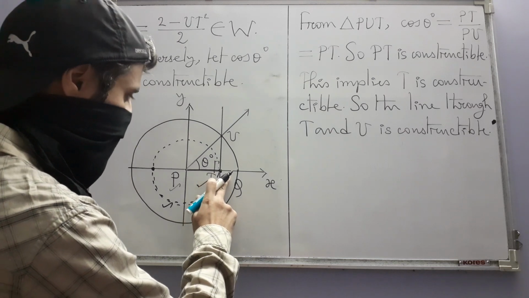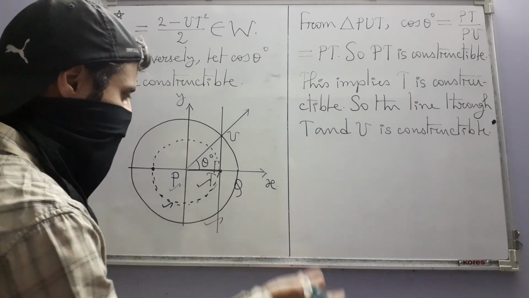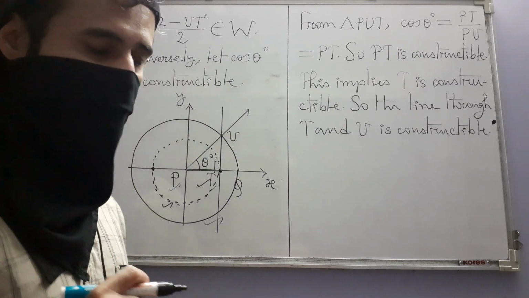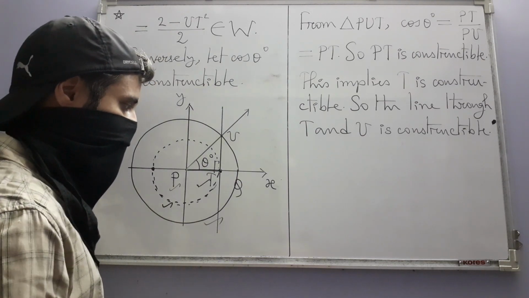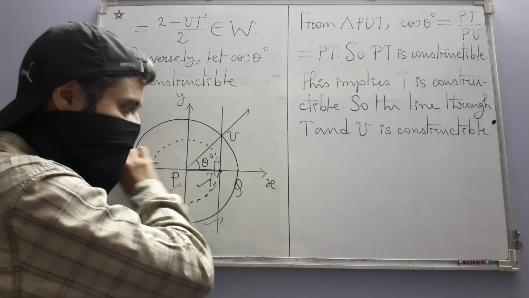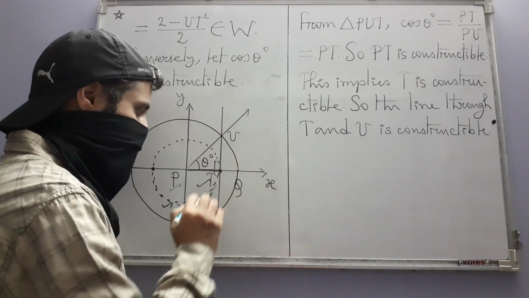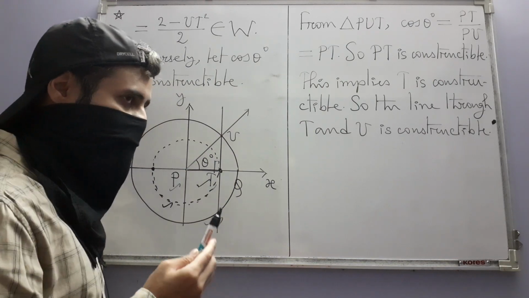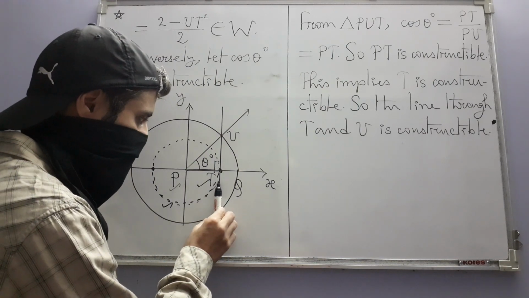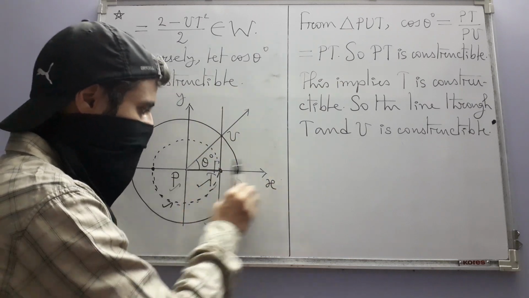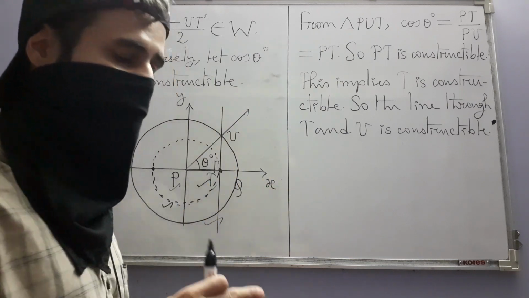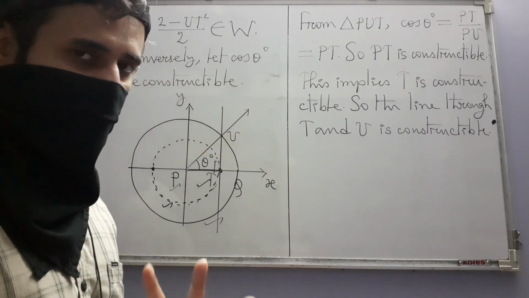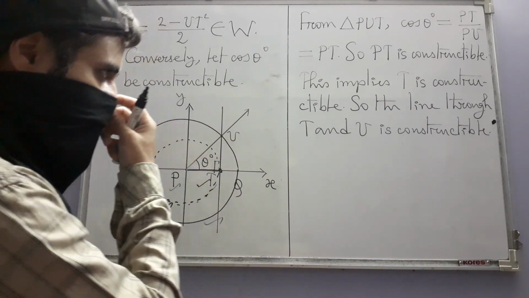Now this is a result that is already available in the literature. I have just mentioned it, but we have not proved it. Namely, that if we are given a constructible line and a constructible point, then the line that passes through that point and is perpendicular to this line is a constructible line. That means you can draw it using compass and straightedge construction.